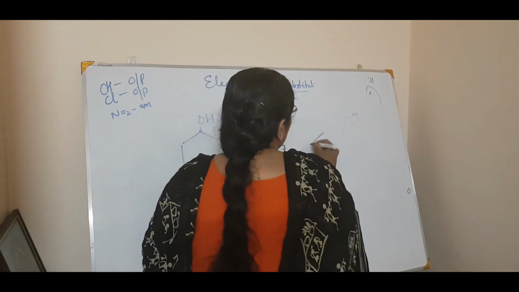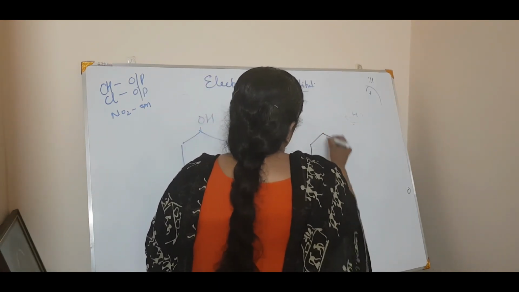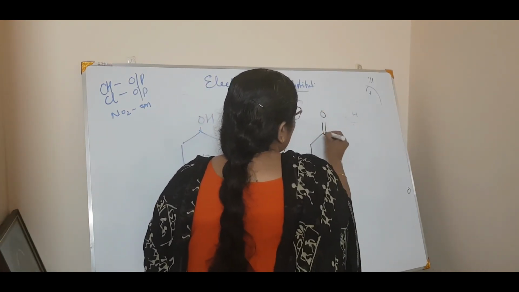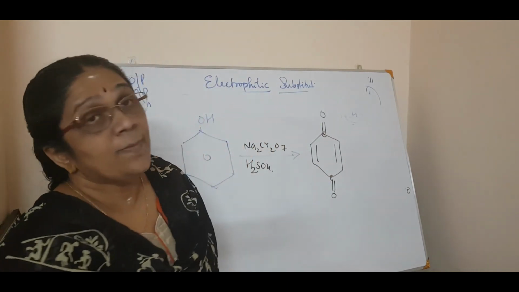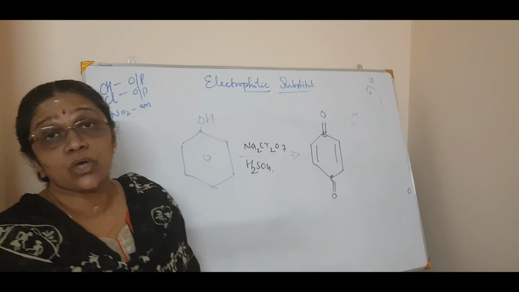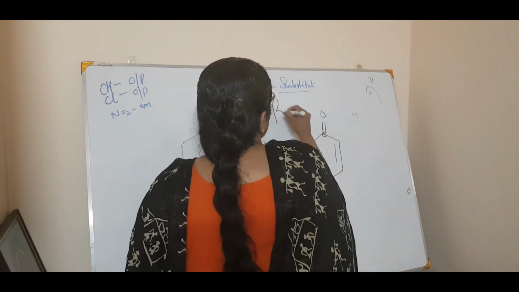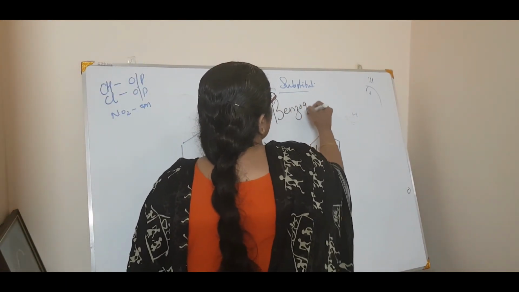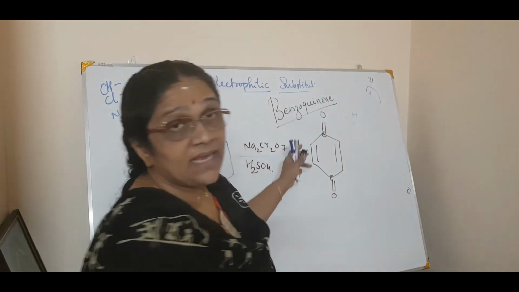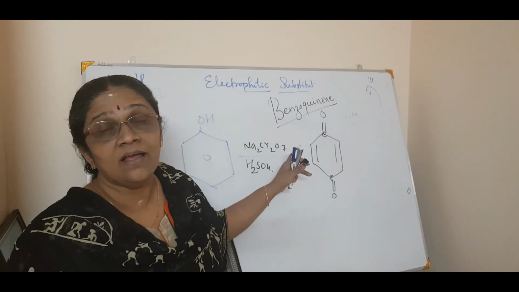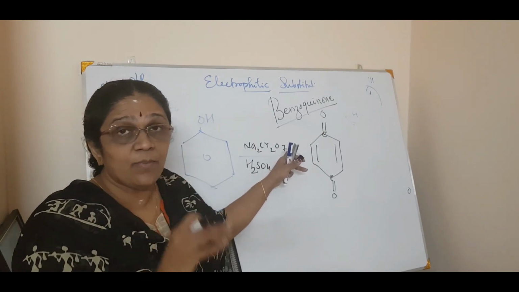What you will get? See, you will get here double bond of a ketone. See, this is a ketone. See, this compound is called benzoquinone. It is a conjugated diene. Conjugated diene is alternate single and double bond.